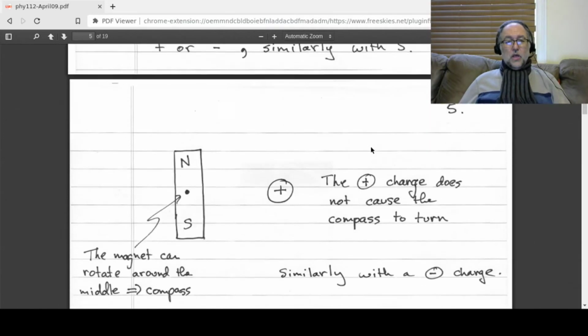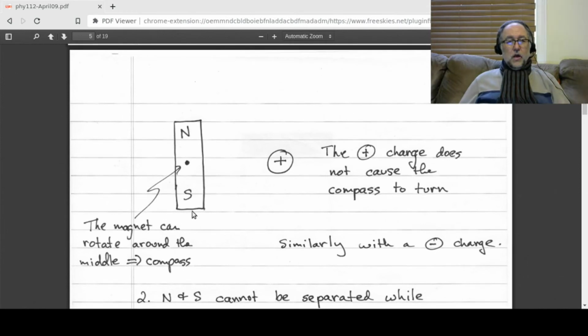Okay, and so you could do this very simple experiment here. Basically you take a magnet and you allow it to swivel through the middle, and by the way, as soon as you do that, you've got what's called a compass. Okay, because the north pole here will point towards the north pole of the earth. Then you bring a positive charge, and you can move that positive charge near the north and near the south here like that, and the magnet goes, I don't care.